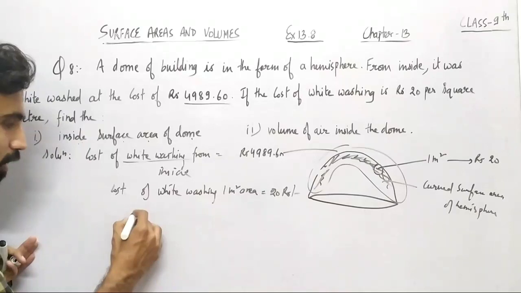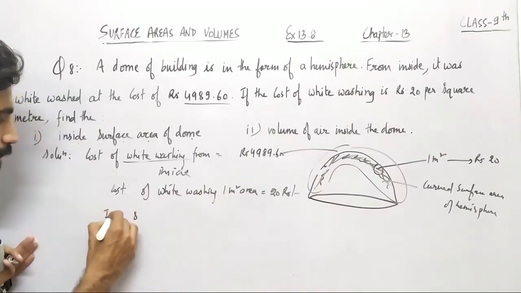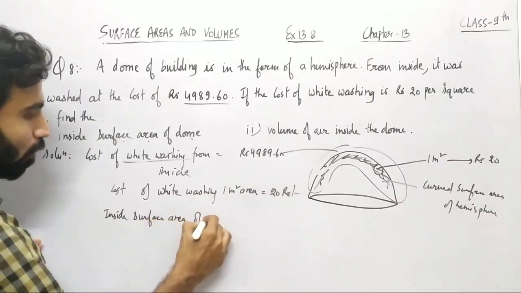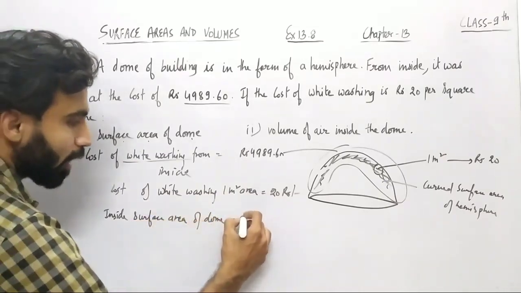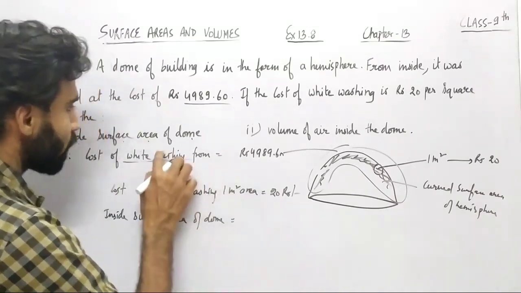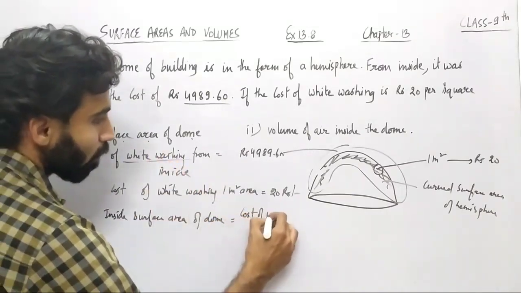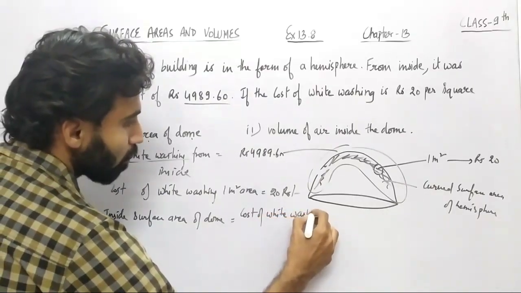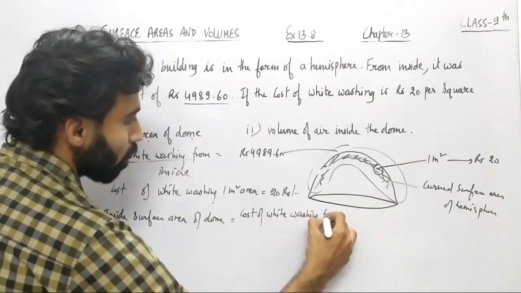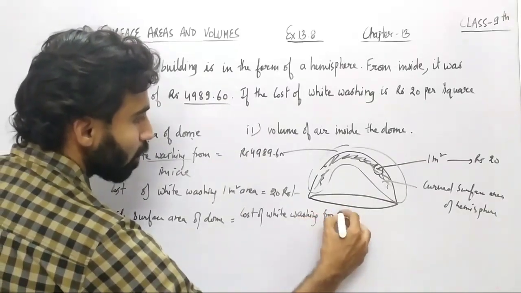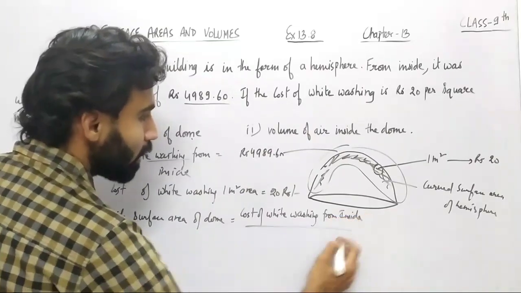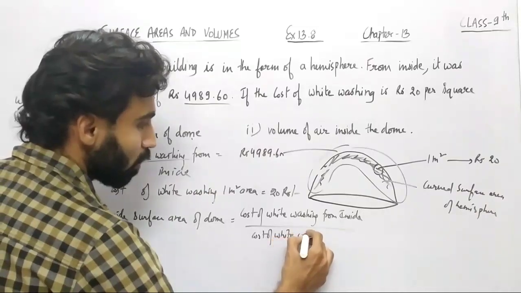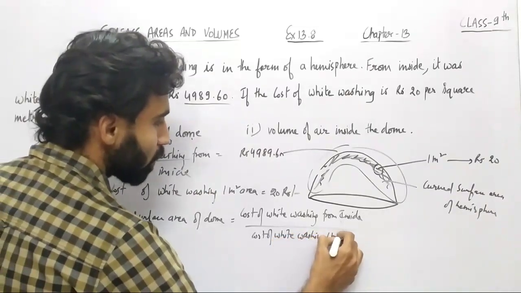So here the inside surface area of the dome is going to be calculated by dividing the cost of whitewashing from inside by the cost of whitewashing 1 meter square area, right?